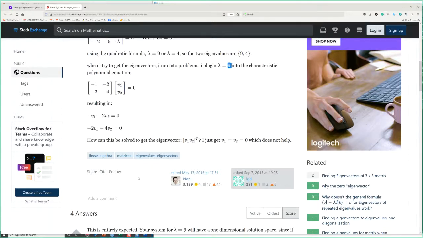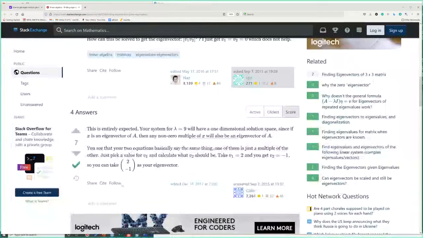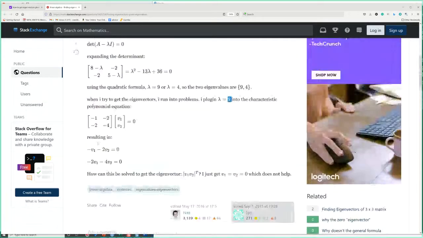Now, that means you can take lambda equal to 9 as a solution, right? Now, how do I say this? You just pick any value for V1 and calculate what V2 should be. Because of the dependency, you take any value for one; you can determine only one variable.